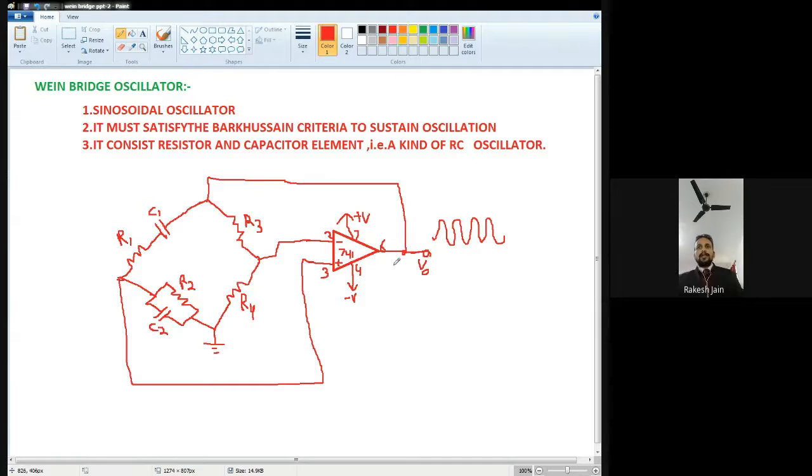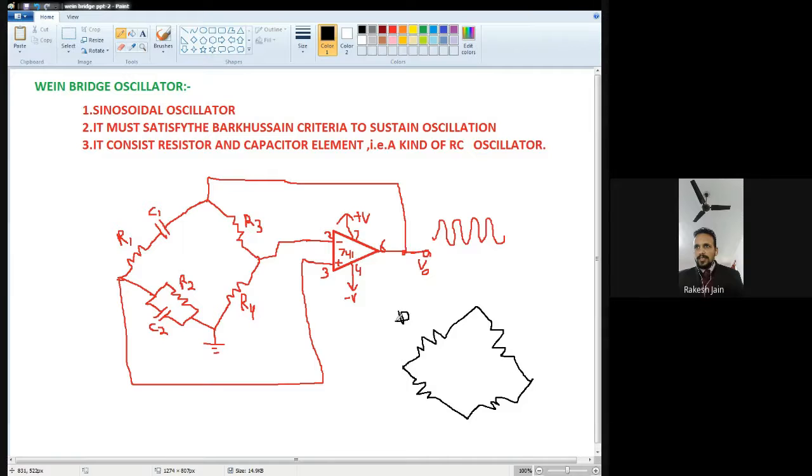Right. Now we have to derive the formula for the frequency of oscillation. So first of all, remember the basic balance condition for a bridge. Let's suppose, in this black color, I'm just showing you the rough part, this is a Wheatstone bridge in which there are 4 arms, in which there are 4 resistances.